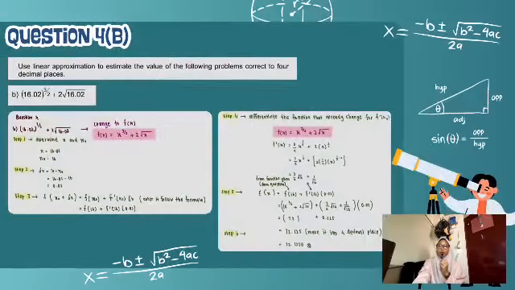For question 4b, use linear approximation to estimate the value of the following problem, correct to 4 decimal places. The expression of question B is 16.02 to the power of 3 over 2 plus 2 times square root of 16.02. For step 1, we have to determine x and x naught.